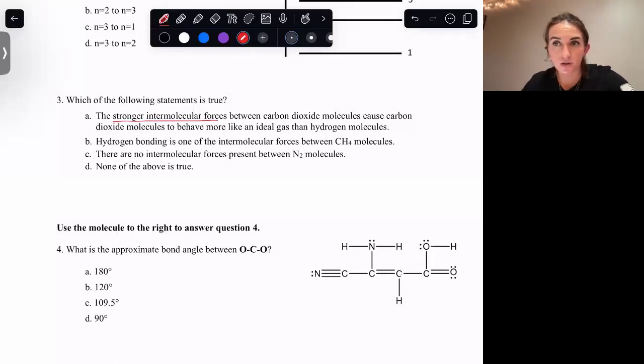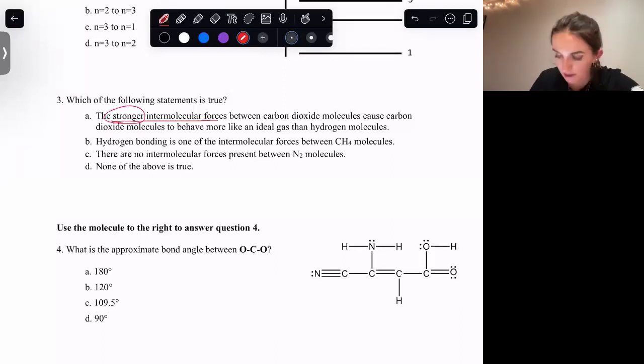For gases, do we want strong IMFs? Do gases want to interact with each other and be held together, or do they not want to be held together? Good, they don't want to be held together.